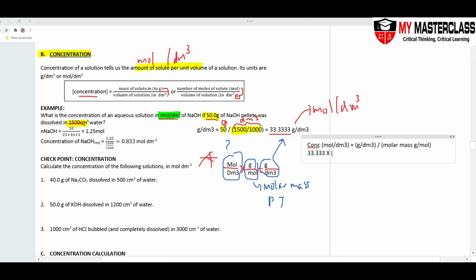The molar mass of NaOH is 23 plus 16 plus 1, the masses from your periodic table of sodium, oxygen, and hydrogen. This gives 0.8333 mole per dm cube.